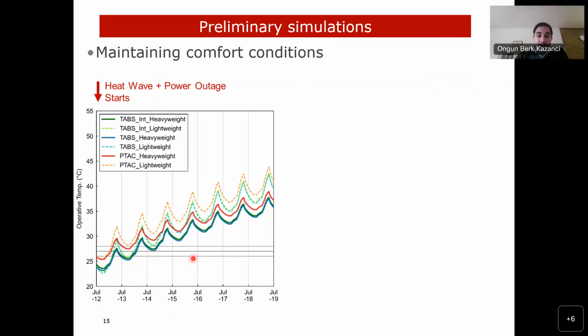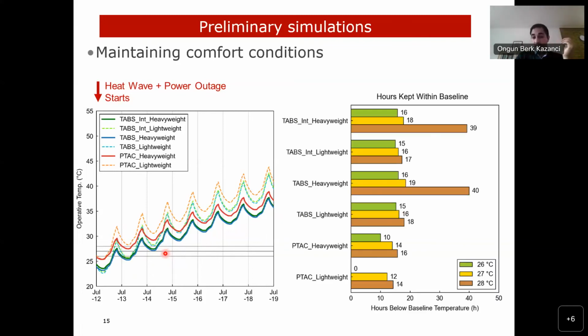These 3 lines are 26 degrees Celsius, 27, and 28 degrees Celsius. These correspond to the upper limits of category 2, 3, and 4, respectively, of European standard 16798 and also ISO 17772 from 2017. So here we can see in the first 2 or 3 days that the TABS is better at keeping the temperatures within these limits.